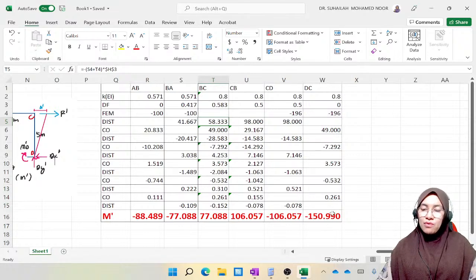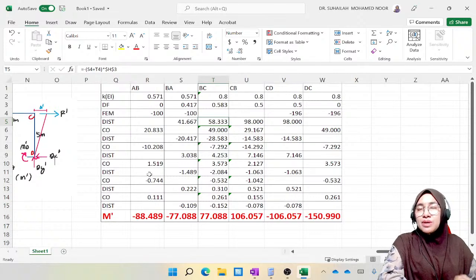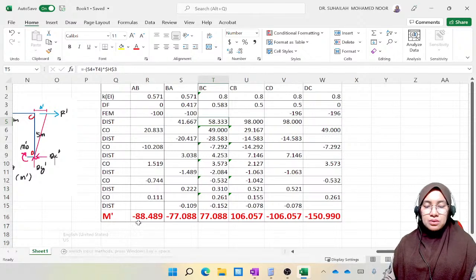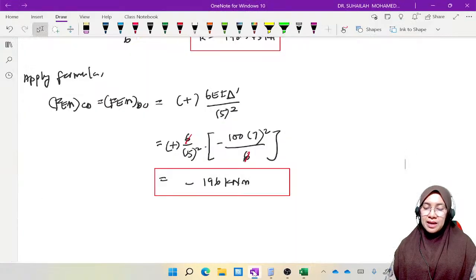For DC, the M value is negative 151. We use this value in the free body diagram to analyze the R prime value. So this is negative 88.449.